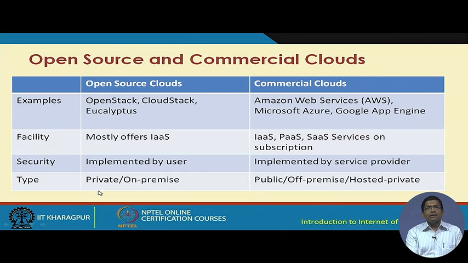So here the type of the cloud is private, on premise, that means in the facility of the user the cloud will be installed. And the commercial clouds are basically public, off premise. So these are not available on the campus, in the institutional premises. These are made available to the public, and these have to be subscribed to over the internet.